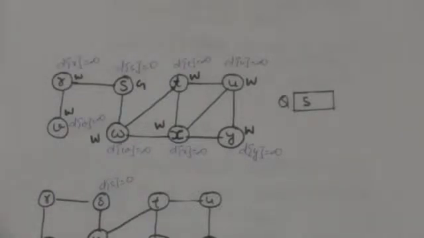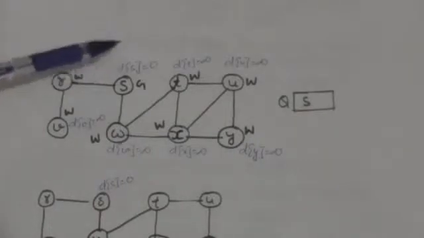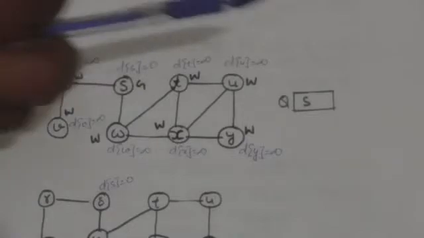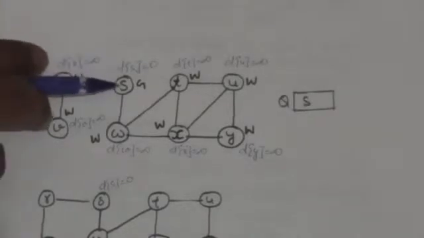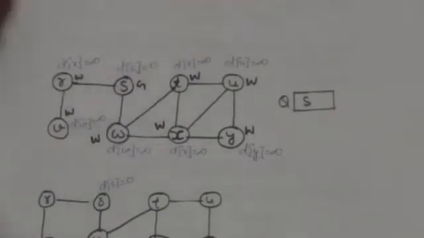Now what will we do? First of all, we will enqueue this source vertex S into Q. So here we have enqueued the source vertex S in Q. Now after this, what will we do?